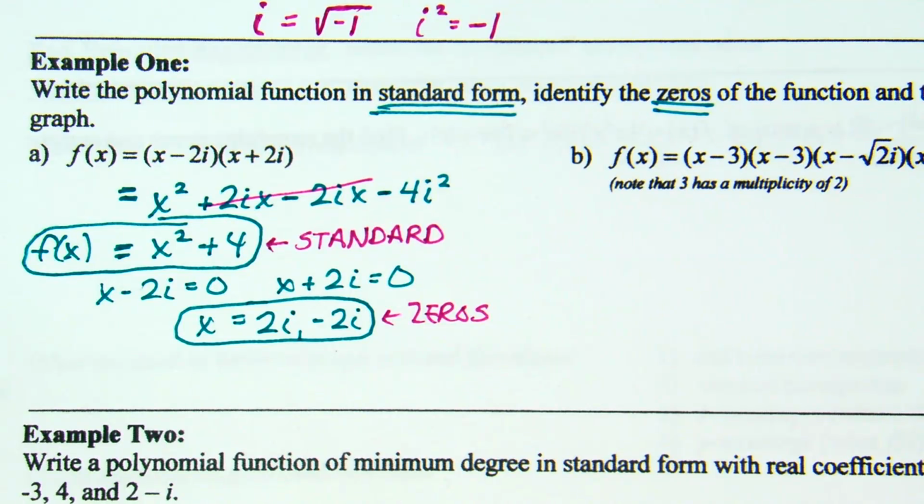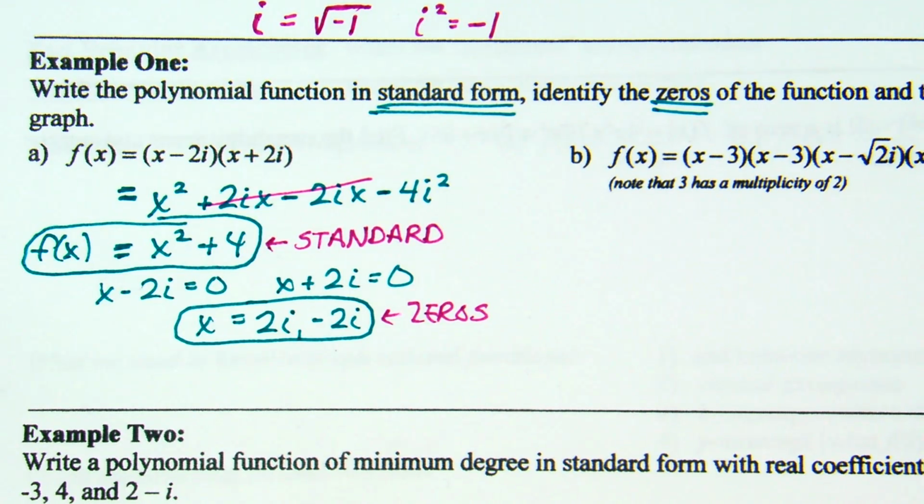Okay, one last thing, and that is the x-intercepts. What are we often taught about x-intercepts? And how they connect to zeros. They're the same, yes? And they are the same when we're just talking about the real zeros. Okay?